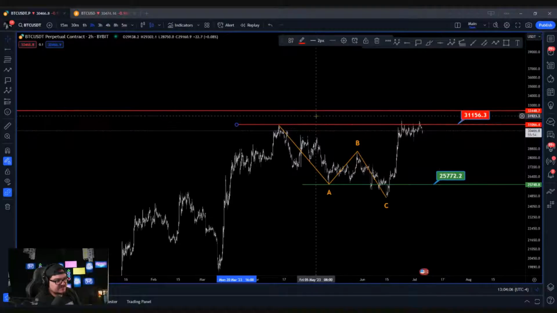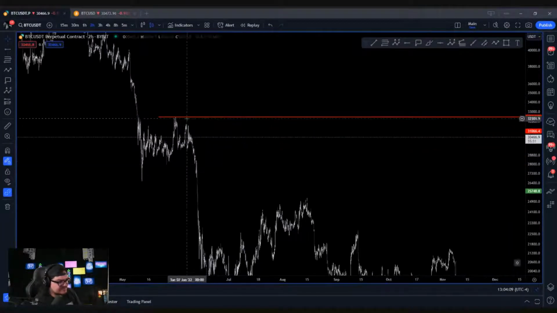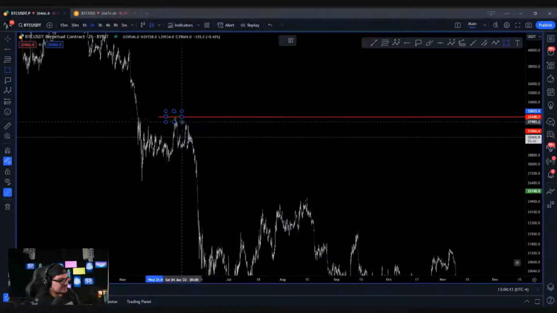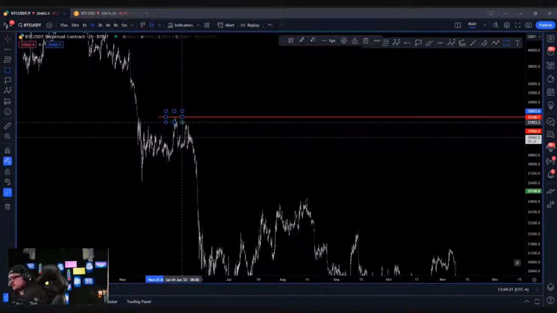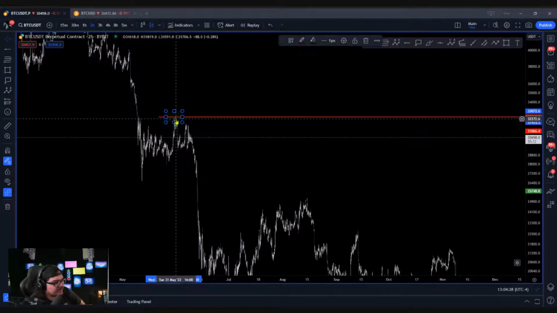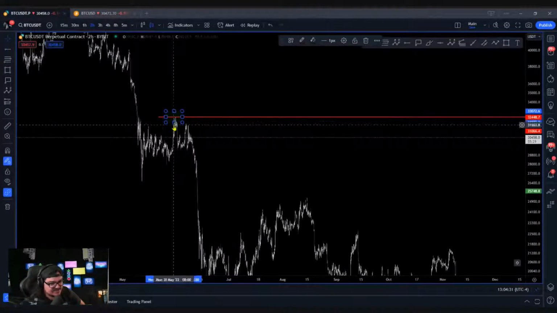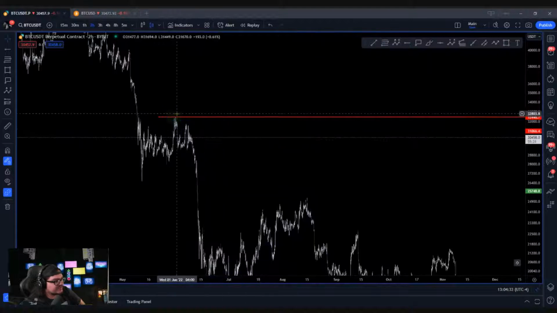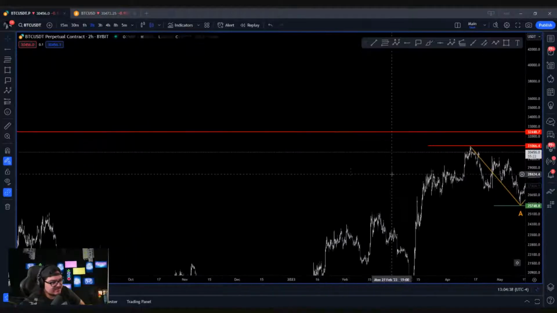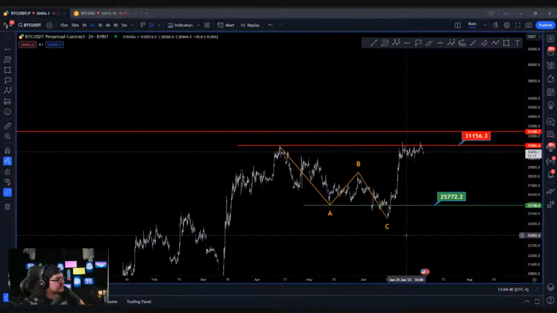If price breaks through that region, the next area of resistance I expect BTC to test is around 32,450, which is at the previous local high off of the retest of this downtrend. All right. So now that we have a separation in trend, we can look for possible pivots where price can test. And from there, that's around 32,450.